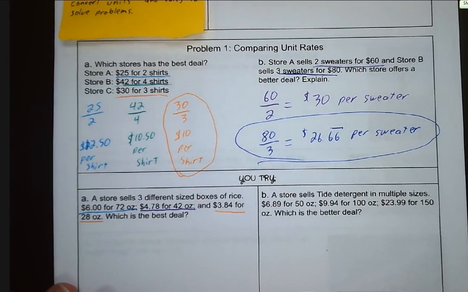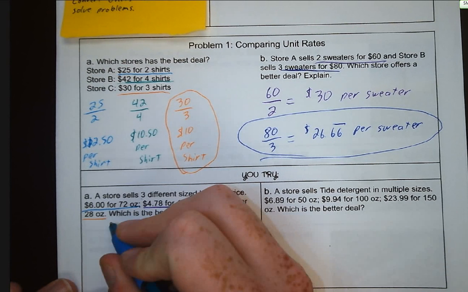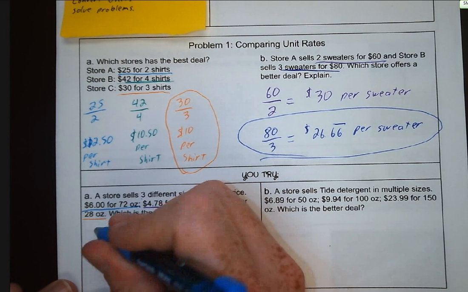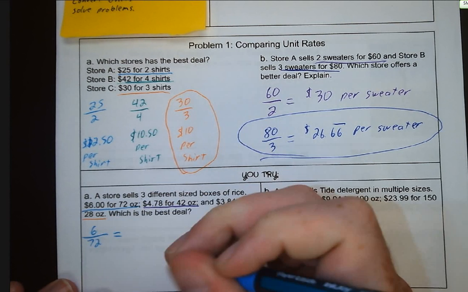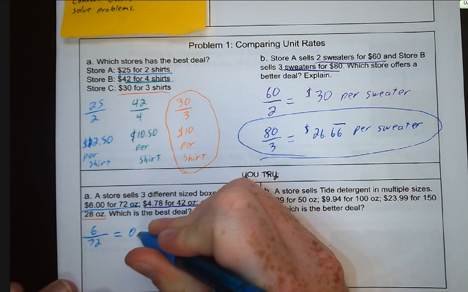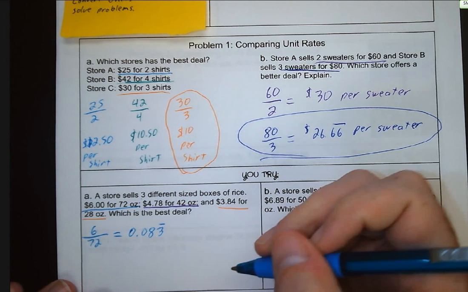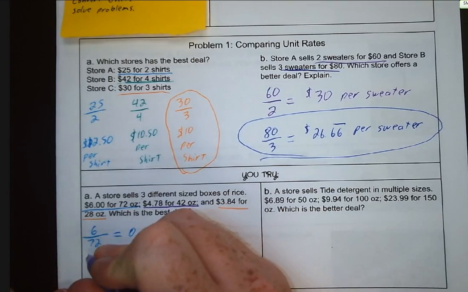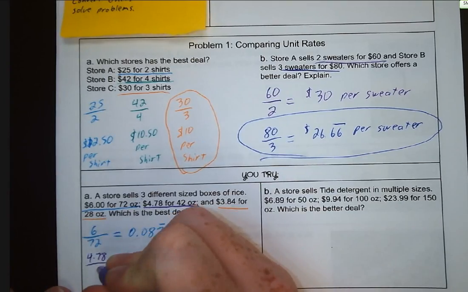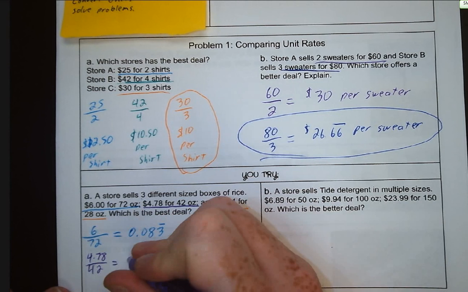These are actual prices for boxes of rice. So for the first box, we've got $6 over 72 ounces, which is going to be 0.083 repeating dollars per ounce. All right, our second box was 4.78 over 42, which equals 0.11.